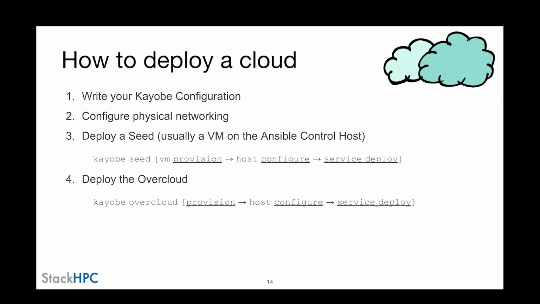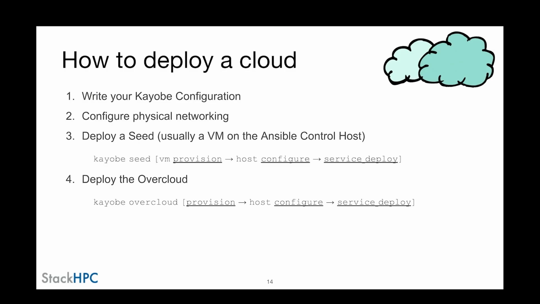Then you come to deploy the big guns, the overcloud, your actual physical servers. And you might notice that these look very similar. This is because we try to reuse as much of the same playbooks as possible. So with a seed, it will be provisioning just one VM on one host to then bootstrap the rest of the cloud. With the overcloud, we use the same technologies to provision an operating system onto proper servers. And then we run through host configurations again.